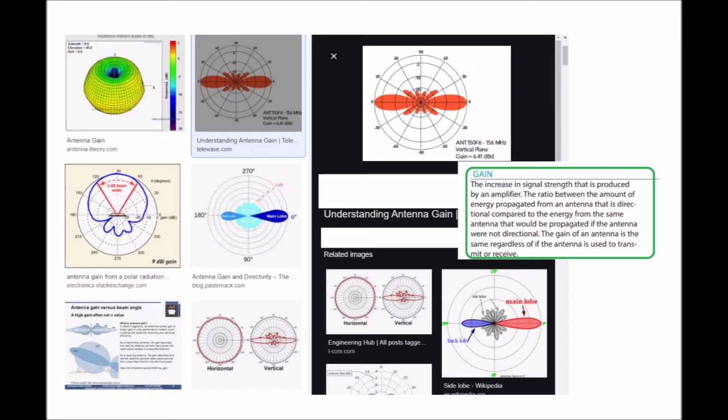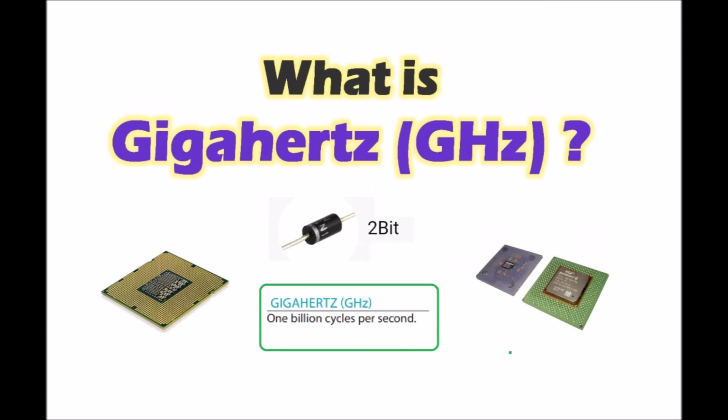The gain of an antenna is the same regardless of if the antenna is used to transmit or receive. Gigahertz: 1 billion cycles per second.